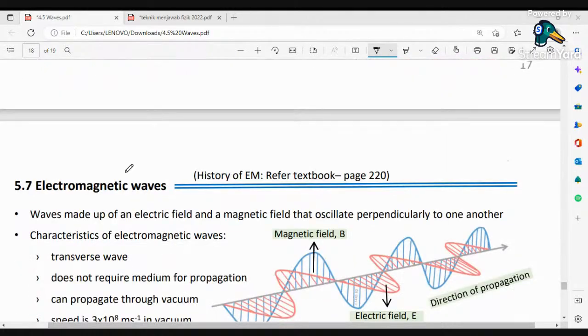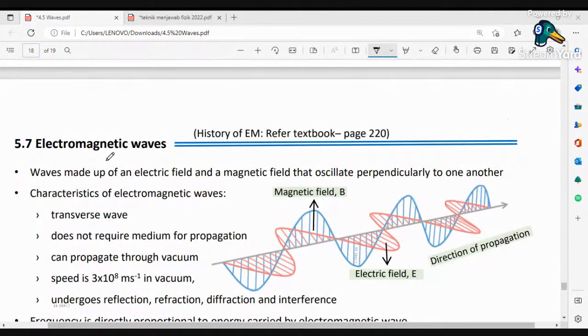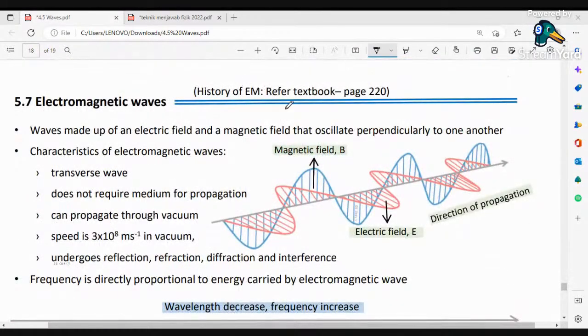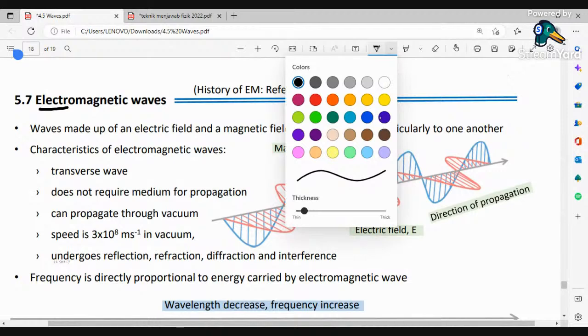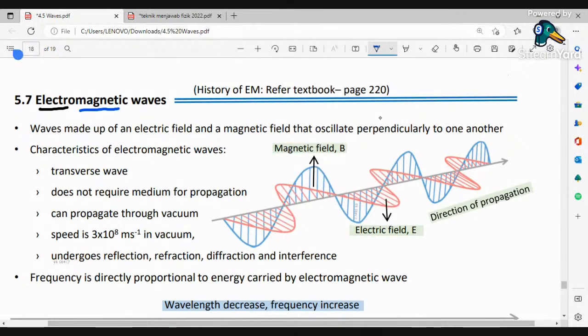Okay, now we go to the last one in the topic of wave, which is 5.7 electromagnetic wave. You can refer to your textbook, page 220. So what is this electromagnetic? Electro is something to do with electric. Magnetic, magnet. What is this electromagnetic wave?